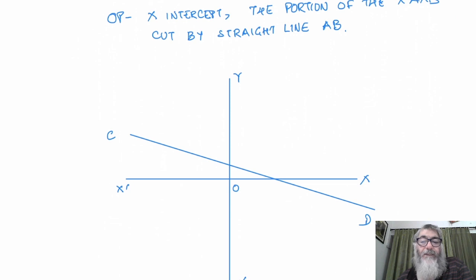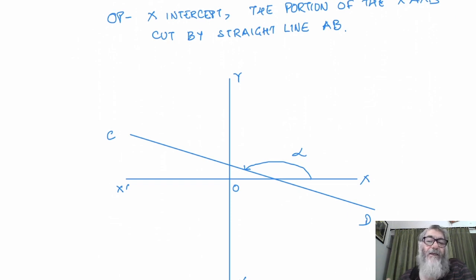In the previous case, AB was making an acute angle with the positive direction of the x-axis. Here, if you look at this angle, suppose this is alpha. This line CD makes an angle with the positive direction of the x-axis.